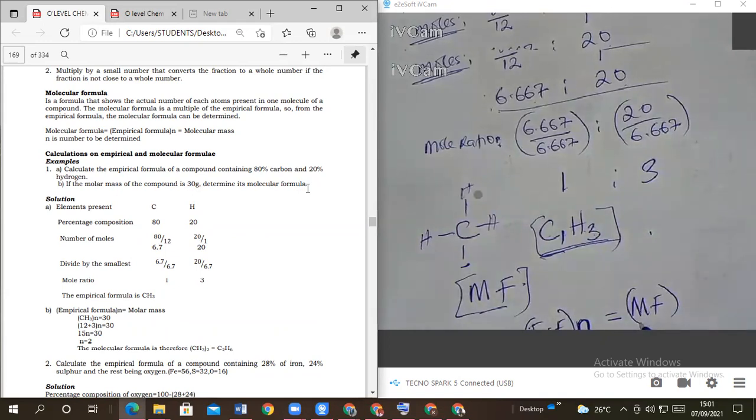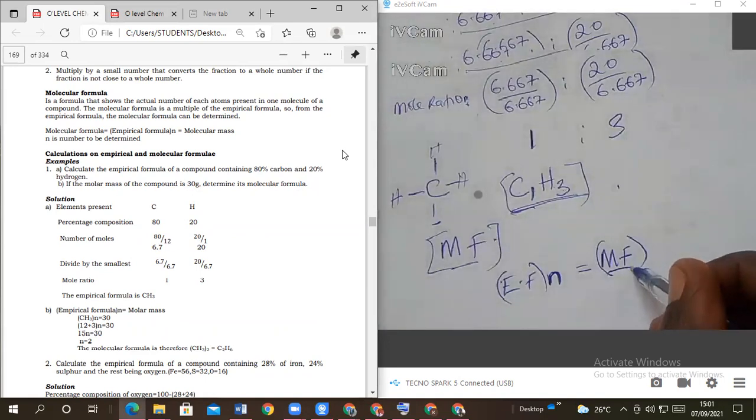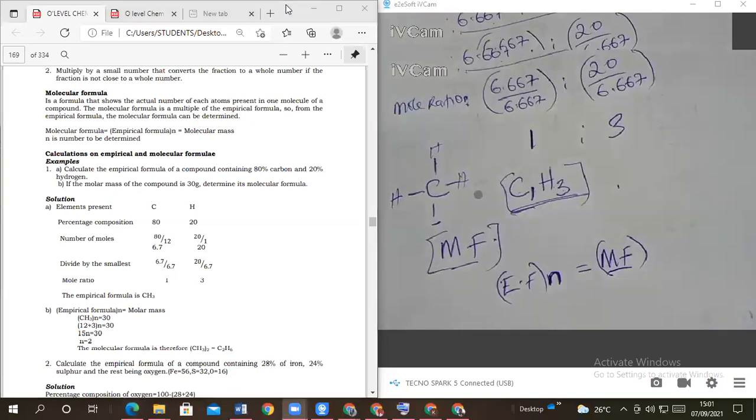Now, they have given us the molecular mass. From the question, what is the molecular mass? It is 30, isn't it?